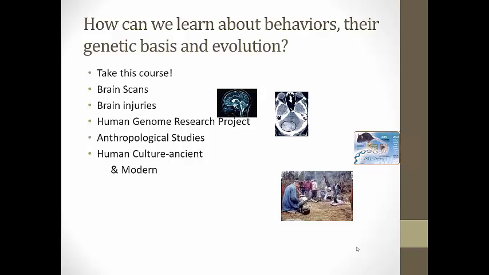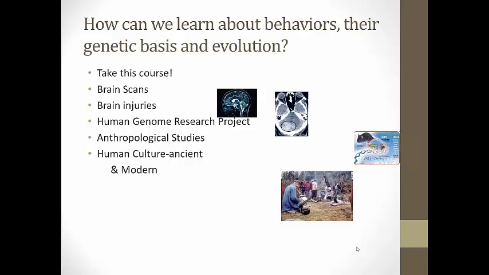Other ways we can determine the relationship between our genetics and our behaviors is to look at brain scans. You'll see in a couple of lectures the use of brain scans, such as MRIs, to determine which part of the brain is most active under particular conditions, and this allows us to make a deduction about human behavior from what's going on in the brain scans.